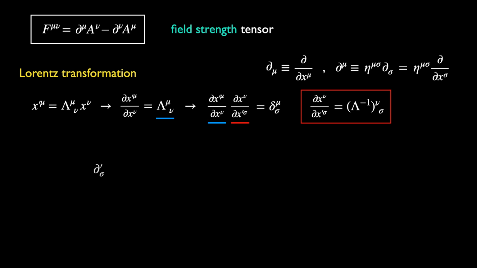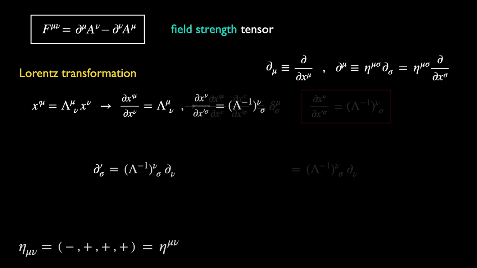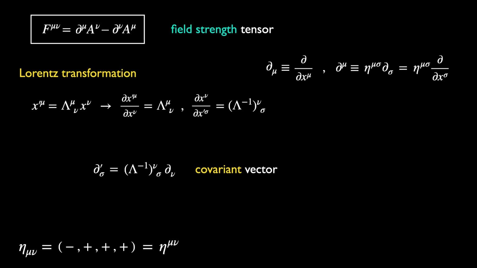Now let's relate partial sigma prime to the unprimed frame, again by using the chain rule. By the identity above, this is just lambda inverse. Thus we see that the lower index partial derivative transforms just like a covariant vector, as expected.